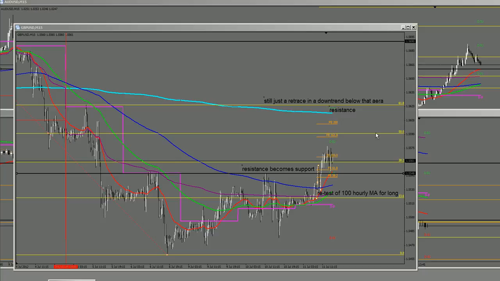Cable likes to test that 61.8 level quite often in a retrace, so I think we have potential to go to that level and then maybe move lower. For now I will also stay away in front of the FOMC meeting, but technically speaking I could see a move to that area and then maybe a move lower again.